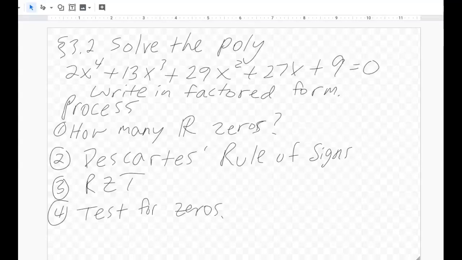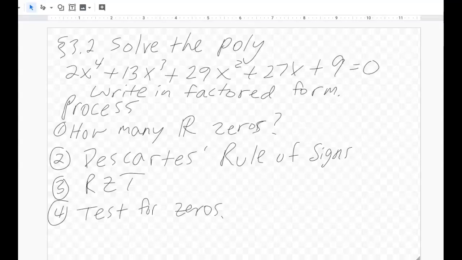The process that we're going to go through is to always be in the habit of identifying how many real zeros we have. Since it's a degree 4 polynomial, there are at most 4 real zeros. We'll do Descartes' rule of signs, and you don't always have to do this one. I'm not going to require it on the exam.